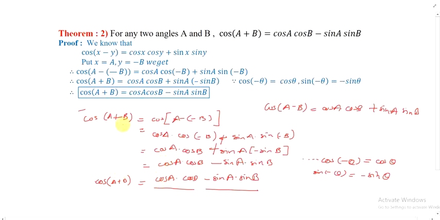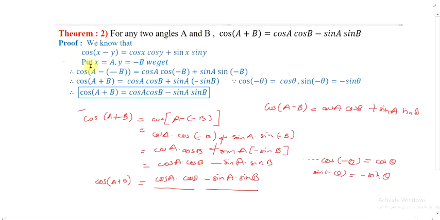Okay, now let us have a look at this one. Here let us consider the given formula: cos(x-y) is equal to cos x cos y plus sin x sin y, from yesterday's theorem.